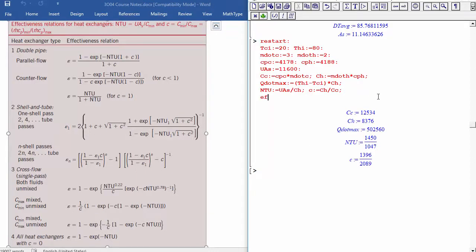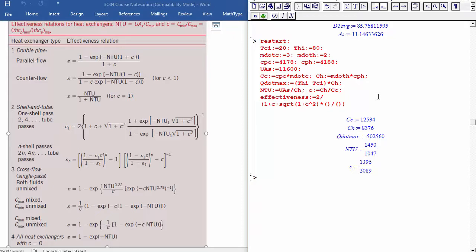Then we'll say effectiveness is 2 divided by 1 plus c plus square root of 1 plus c squared, times, and we're going to have something over something else. And the first thing is 1 plus e to the negative NTU times the square root of 1 plus c squared.